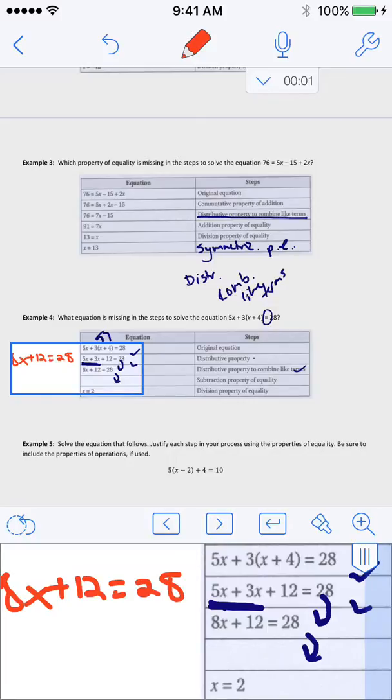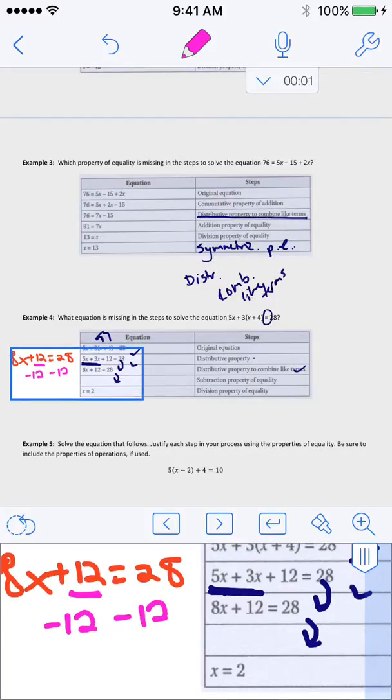What do they want us to subtract? Do they want us to subtract the 8x, or subtract the 12, or subtract the 28? What would get us closer to x equals 2? Remember, as far away from the variable as you can. So the farthest thing from the variable would be the 12. So we want to subtract 12 from both sides.